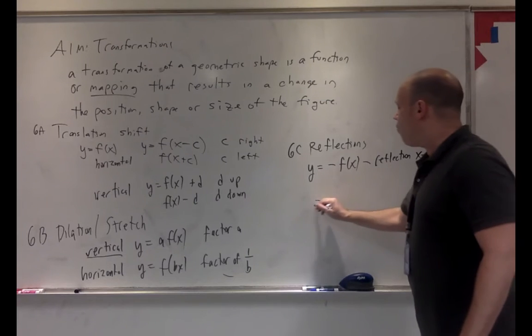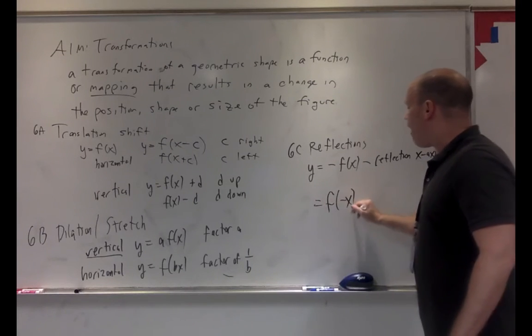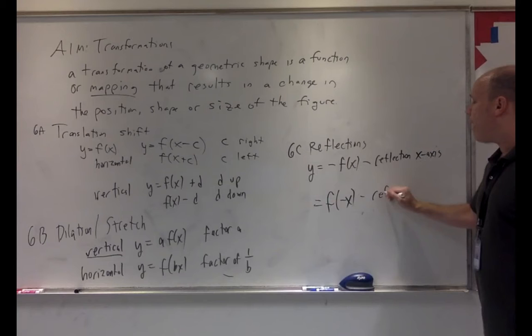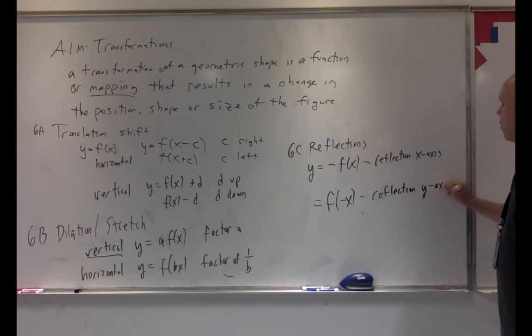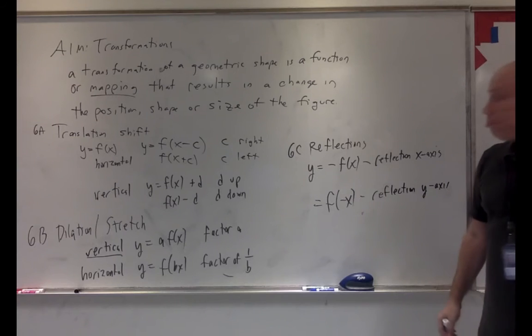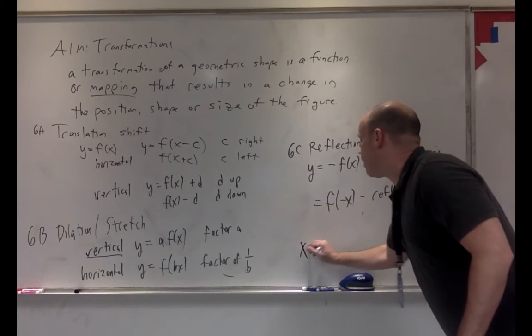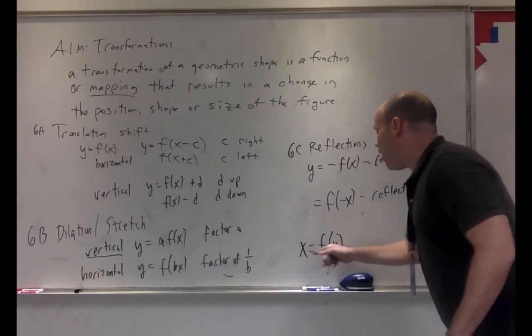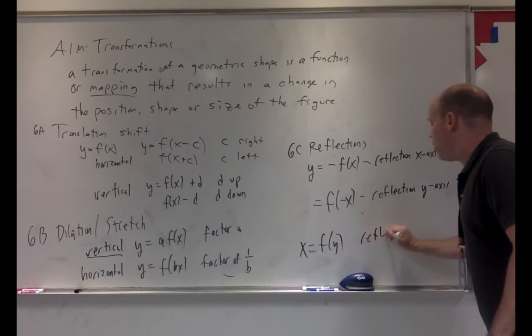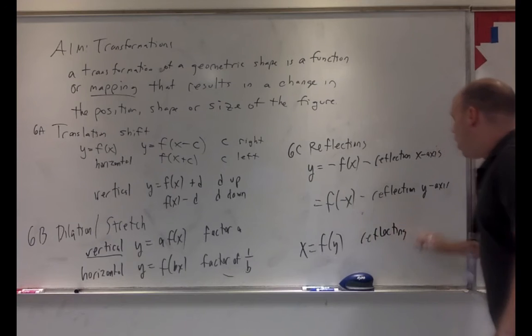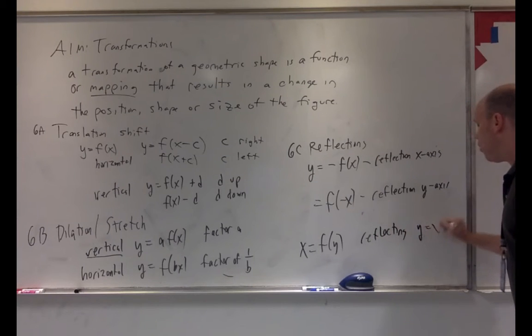And if we have y equals f of negative x, this is a reflection in the y-axis. And then the last thing is we have x equals f of y. If we switch the x and the y, it's like reflecting through the line y equals x.